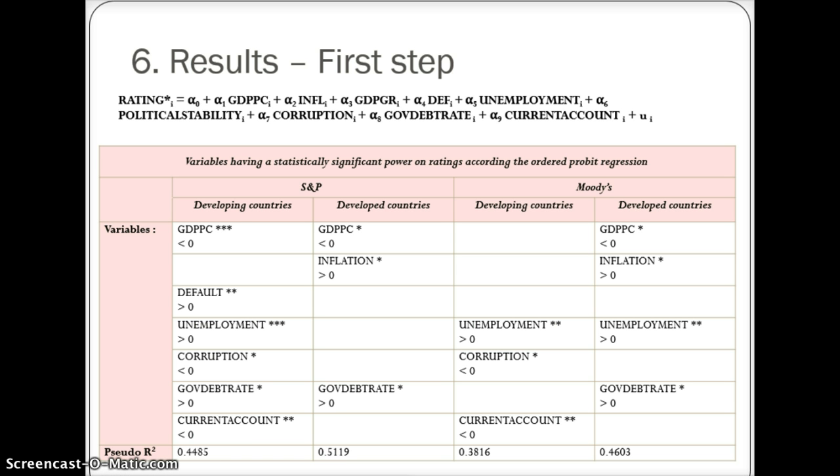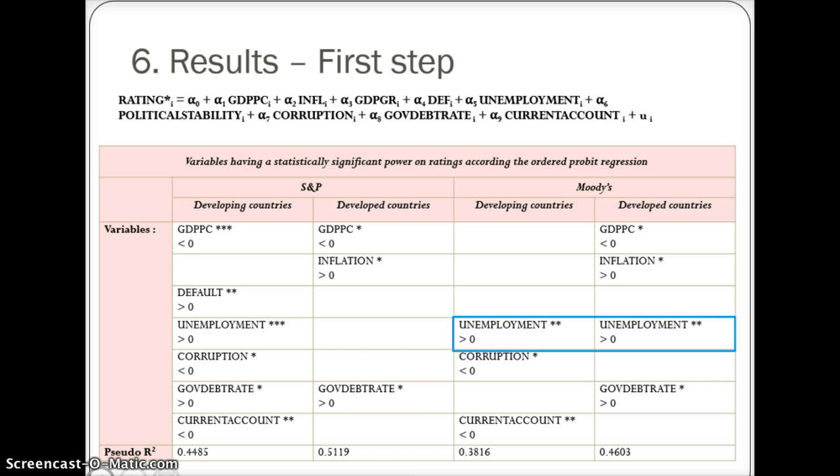After these removals, for S&P, 3 variables appeared in both models to be statistically significant at a 10% level to predict rating: GDP growth rates, GDP per capita, and government debts. For Moody's, the variable unemployment appeared to be significant both for developing and developed countries.